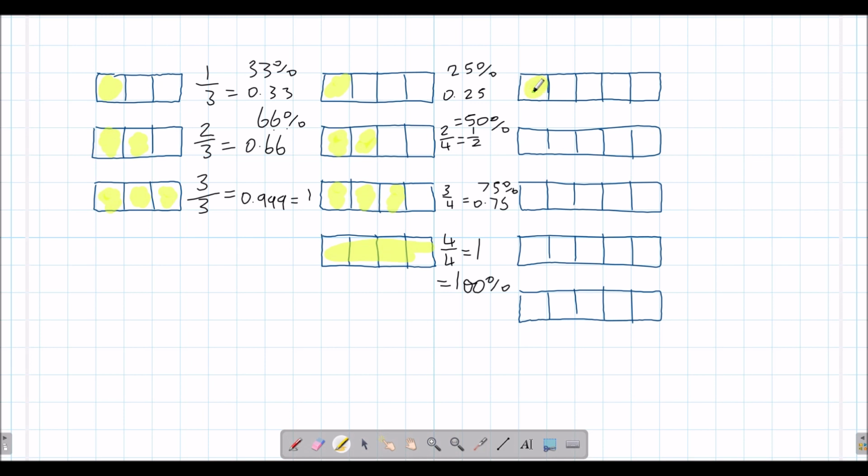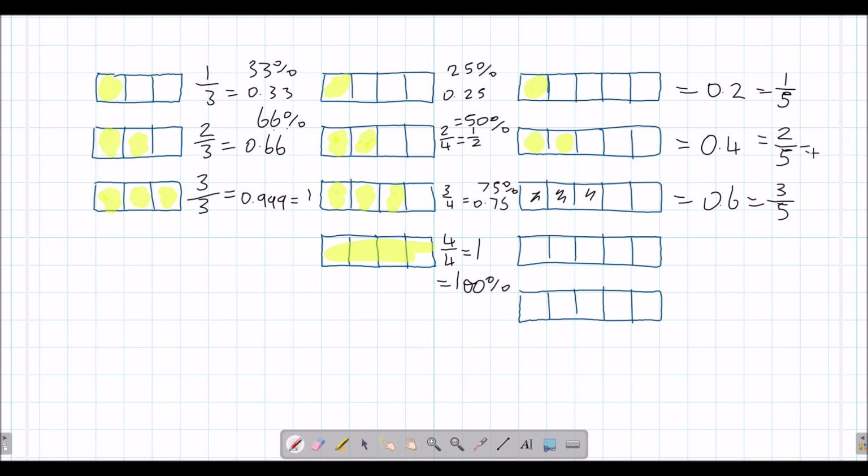Now a fifth is worth 0.2. So going up in fifths is a bit like going up in the 2 times tables, in the 0.2 times tables. So 2/5 is double 1/5, so double 0.2 is 0.4. 3/5 would be 0.6.